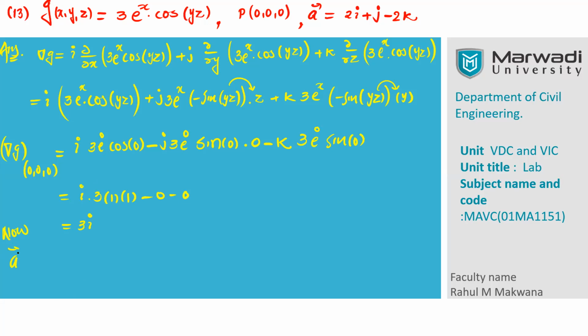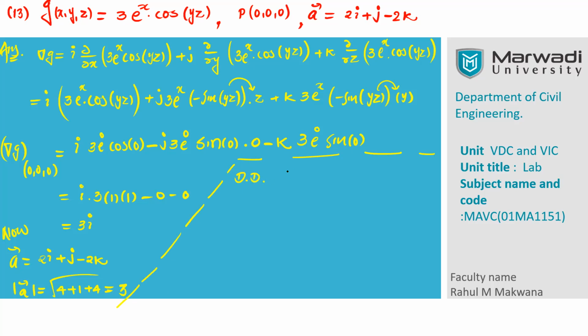Okay, the vector is 2i plus j minus 2k, and hence the magnitude is the square root of 4 plus 1 plus 4, and that is 3. Let us find the directional derivative.